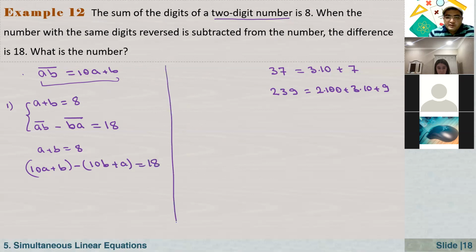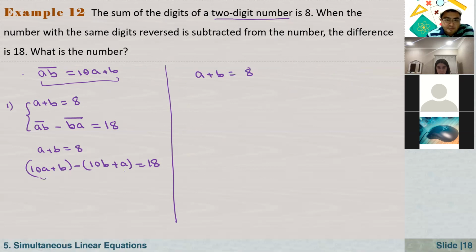Now, if you simplify this, our first equation is A plus B equals 8. The second equation is 10A minus A, which is 9A, minus 10B minus B, which is minus 9B, is equal to 18, right?